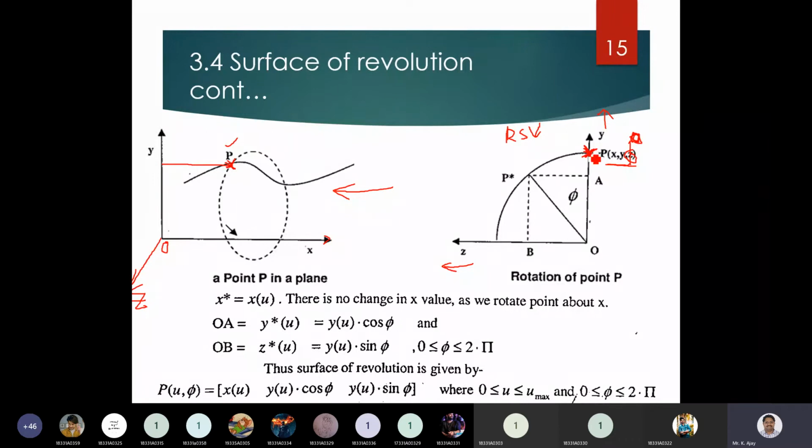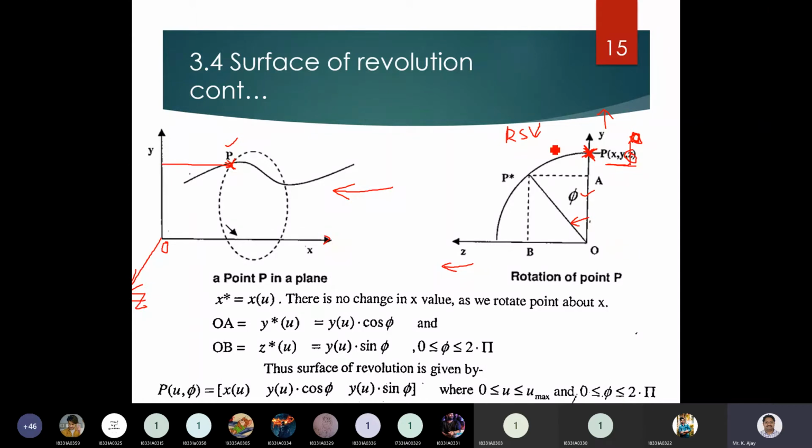When you are rotating a curve, any generic point P also rotates. So while rotating, what is happening to this point? When you are trying to rotate, I have to consider an angle, right? So here I am inducing a new parameter called phi. Phi is a new parameter which I am varying from 0 to some maximum value depending upon your requirement, how much angle you want to rotate.